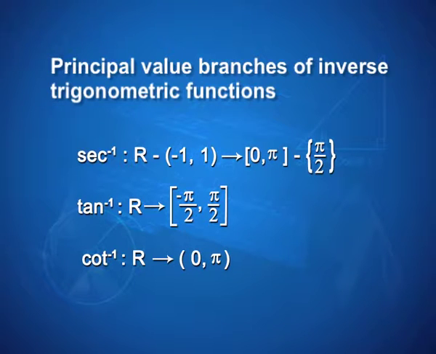It is defined over the entire real numbers and mapped onto the open interval 0 to pi. Remember, the cot function domain does not have any multiples of pi, and that is how we would be working as we go ahead with some exercises on how to evaluate principal values of a given inverse trigonometric function.